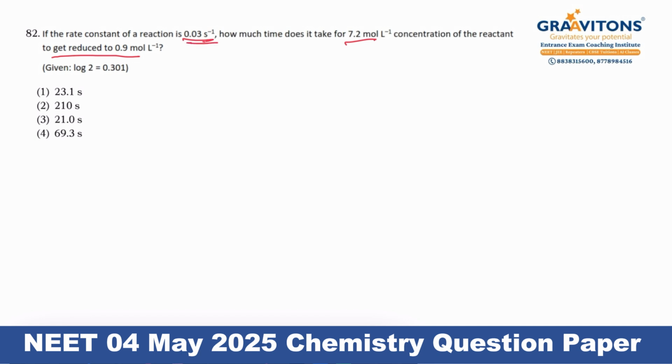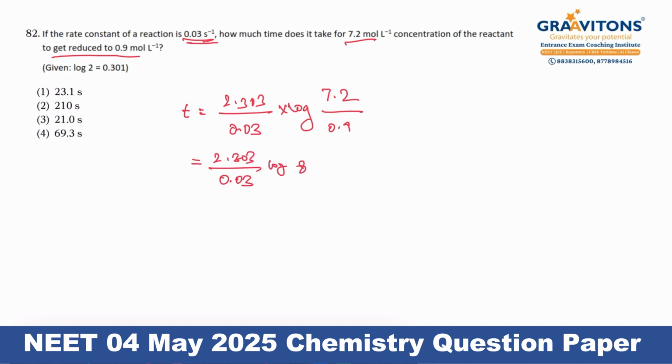So let us write the formula for this. t is equal to 2.303 divided by 0.03 into log of initial concentration divided by final concentration, and you will have 2.303 by 0.03 log 8, and the value of log 8 is around 0.9. So when you solve them, you will get 69.3. Okay, so the correct option is the fourth option.